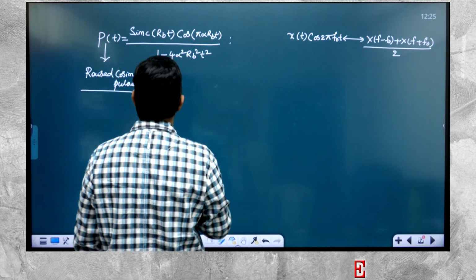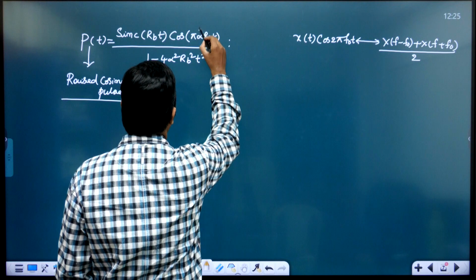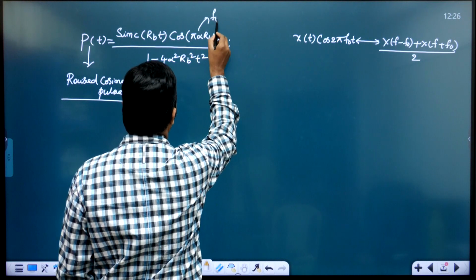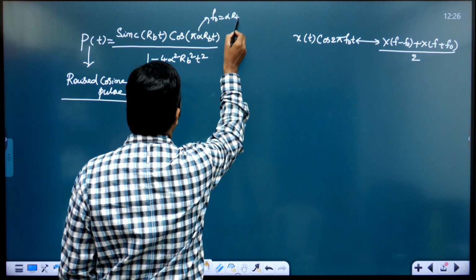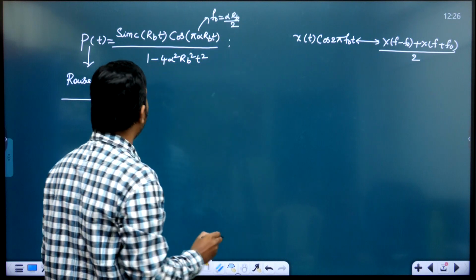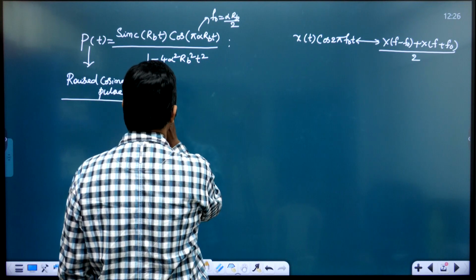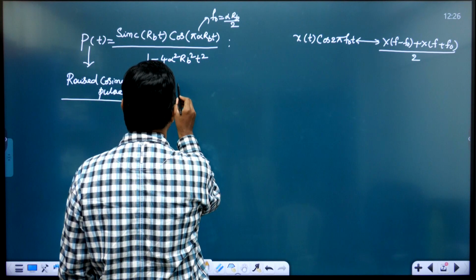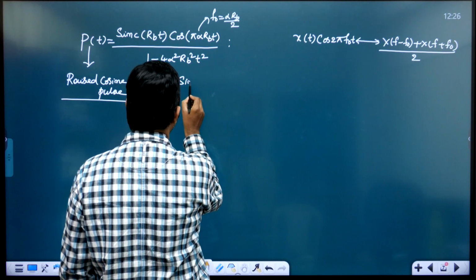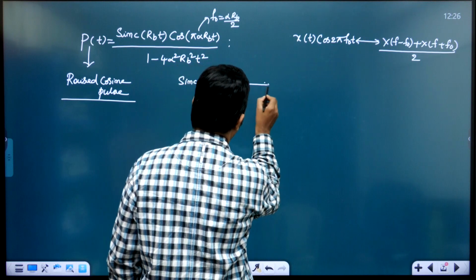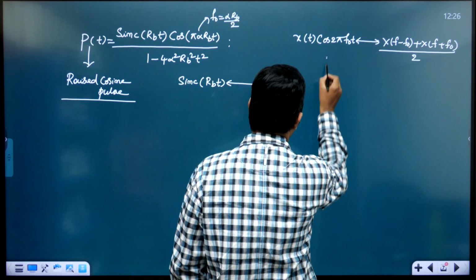Now, what is the frequency here? If I multiply and divide by 2, f naught is alpha RB by 2. Now, sinc of RB into t: what is the Fourier transform?